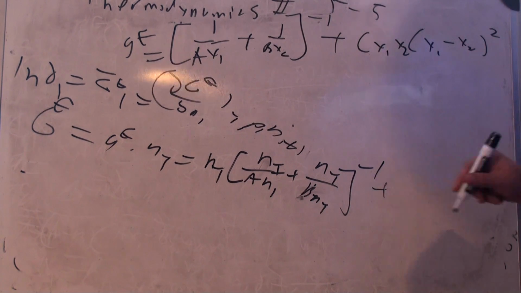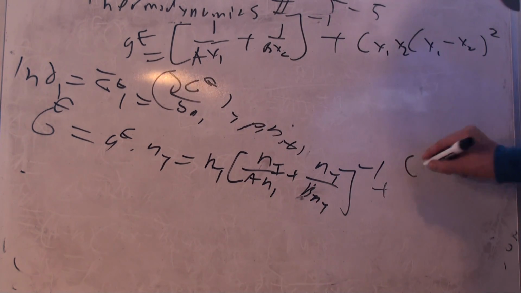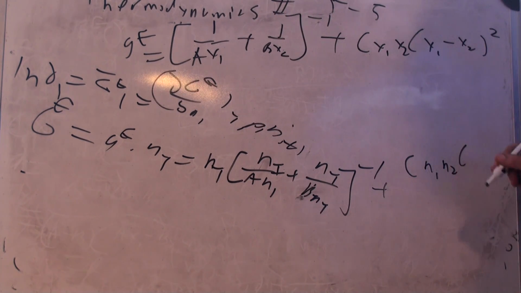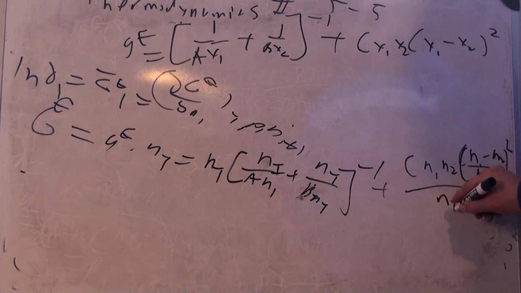This one's pretty easy because everything's just there. So N1 N2 (N1 minus N2) over N total, quantity squared over N total.